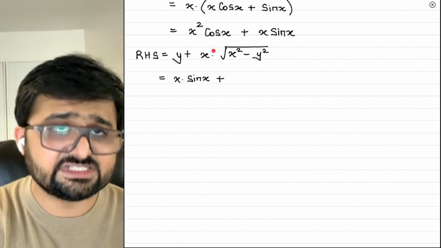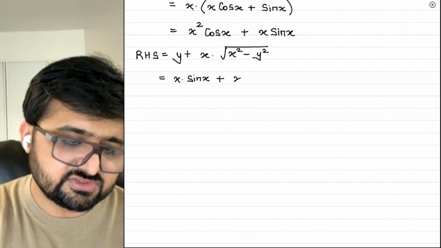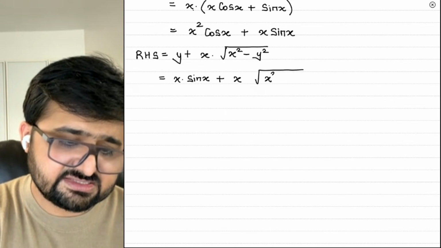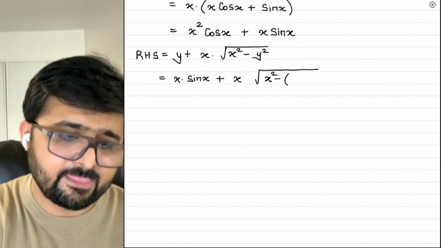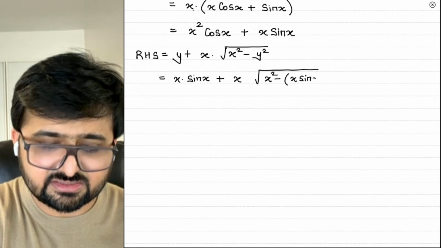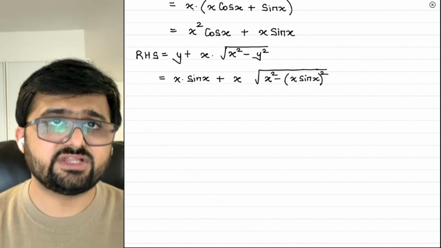So we'll convert this RHS also in terms of x, just like LHS. So plus x square root of x square minus y, which is x into sine x, the whole squared. Okay, I hope that makes sense.